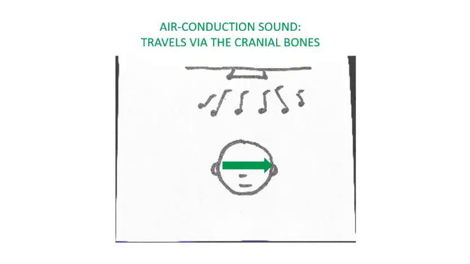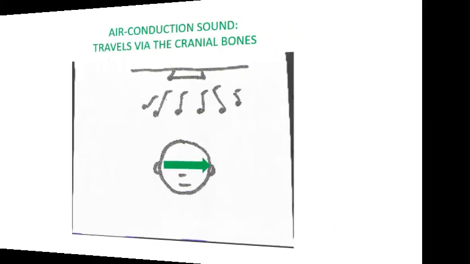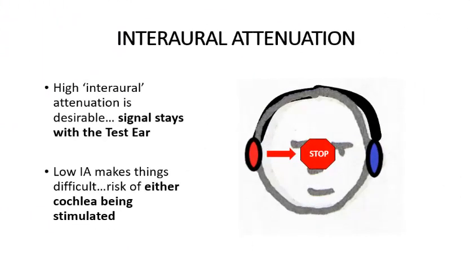However, air conduction signals can cross as well, and they actually cross by traveling through the bone tissues of the head. So the crossover event is essentially a bone conduction event that we must be aware of even during air conduction testing. Interaural attenuation refers to the reduction in signal intensity between the ears.